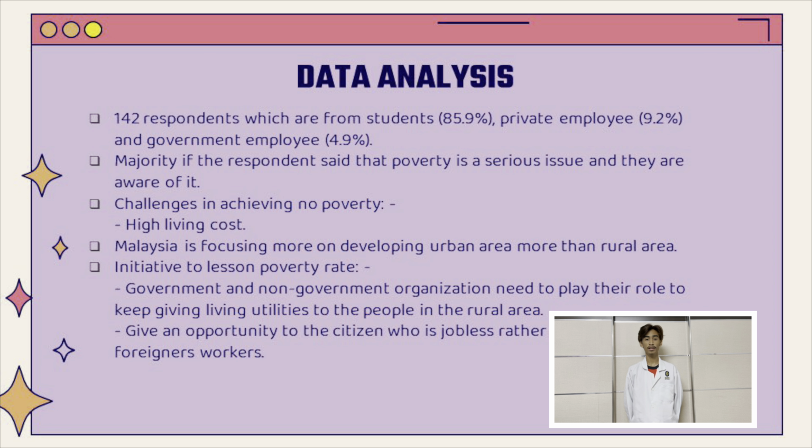We can conclude that there are 2 main efforts and initiatives. The first, government and non-government organizations need to play their role by giving living utilities to the rural areas. And second, give opportunities to citizens who are jobless rather than taking foreign workers.